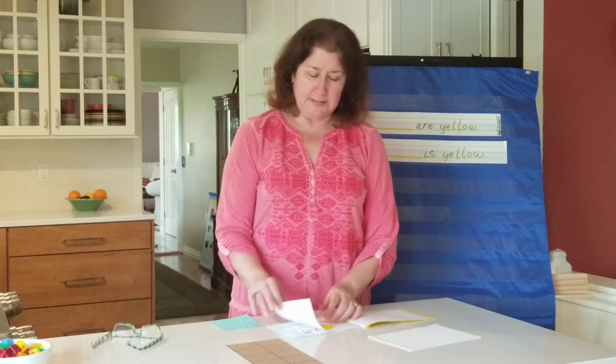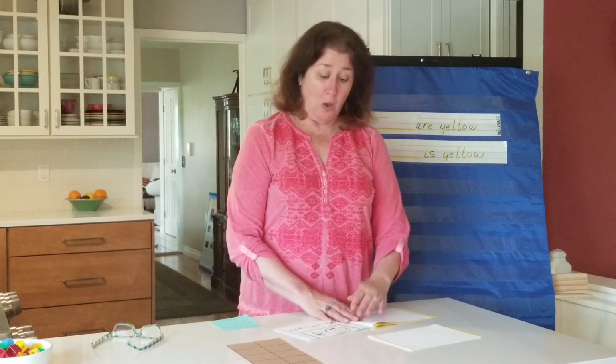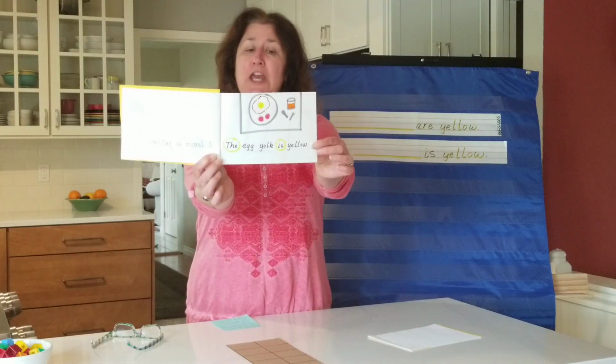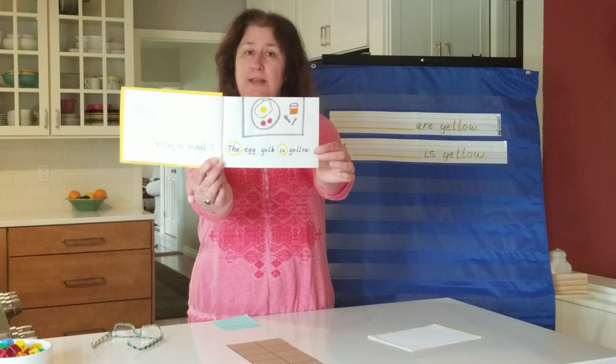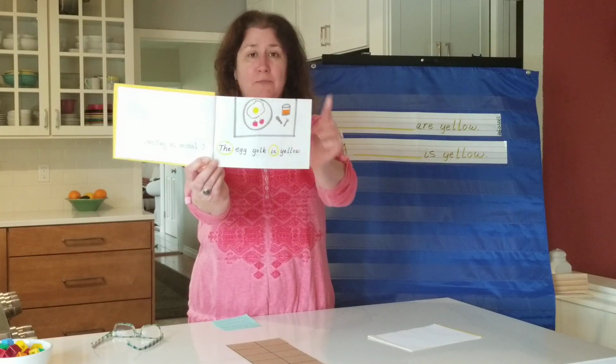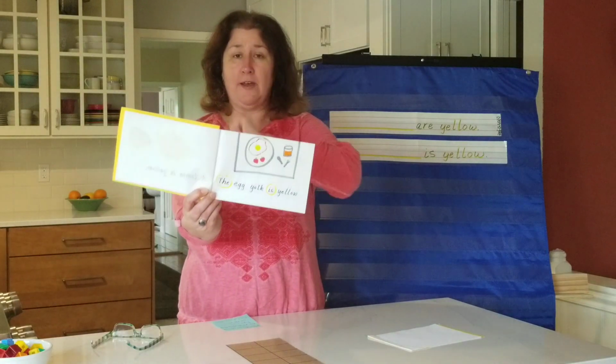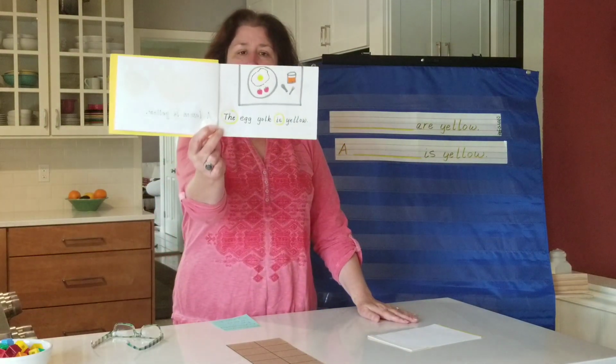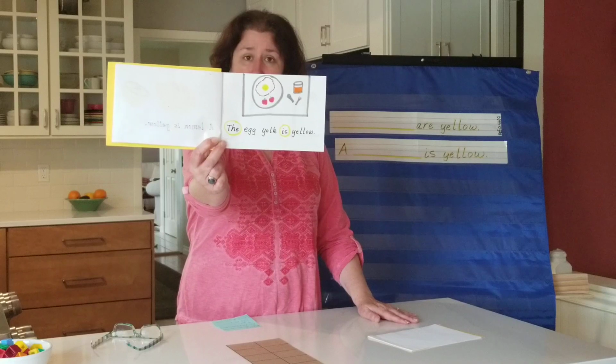Okay? Let's see what I did on my next page. The egg yolk is yellow. Okay, I'm talking about one yolk of an egg. So I used the word is, and I circled my high frequency words in yellow.